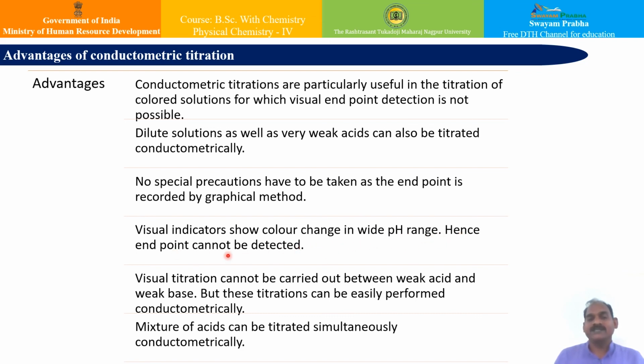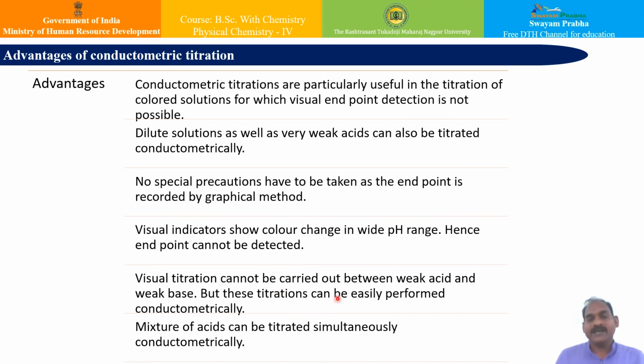So this is the advantage of conductometric titration over visual indicator titration, wherein the pH range usually plays a vital role in identifying the indicator endpoint. In this case, no indicator is used, and therefore it is particularly useful in cases wherein the process is pH dependent.